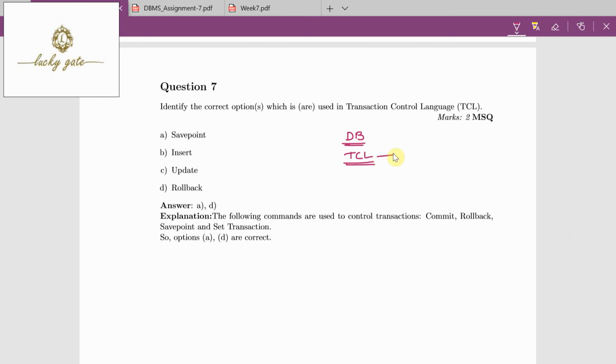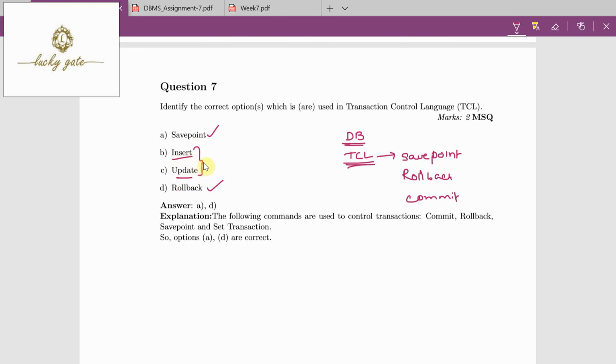In transaction control language, some SQL statements come under TCL: savepoint, rollback and commit. Here you see option A given savepoint, option D given rollback, and insert and update, meaning inserting data and updating data.